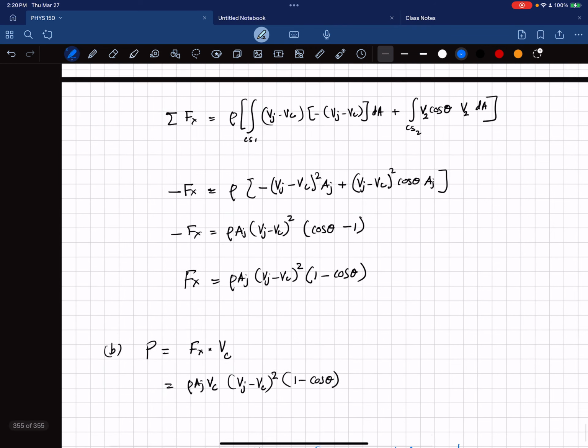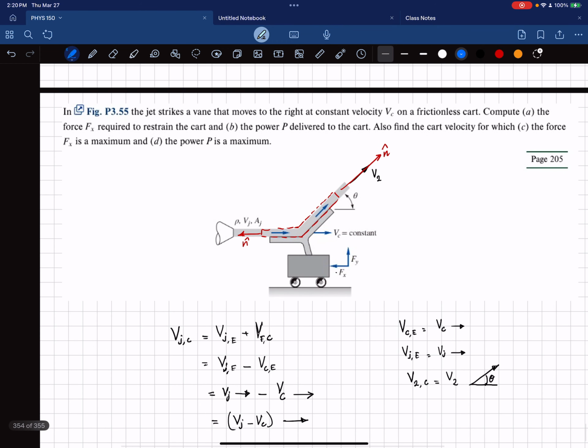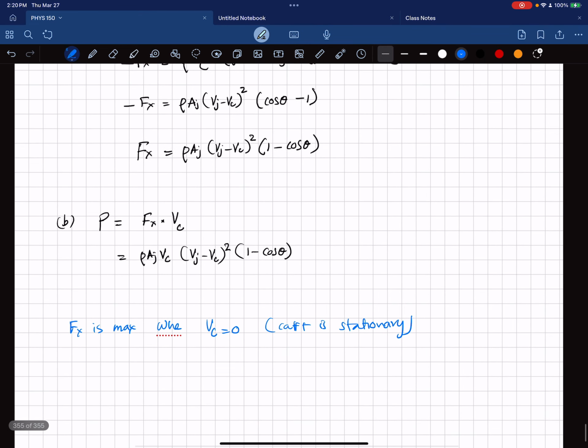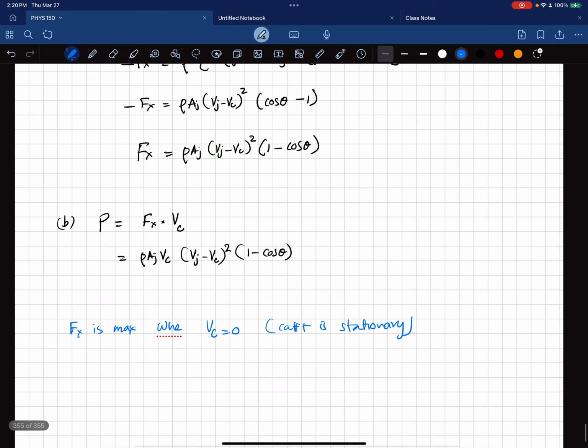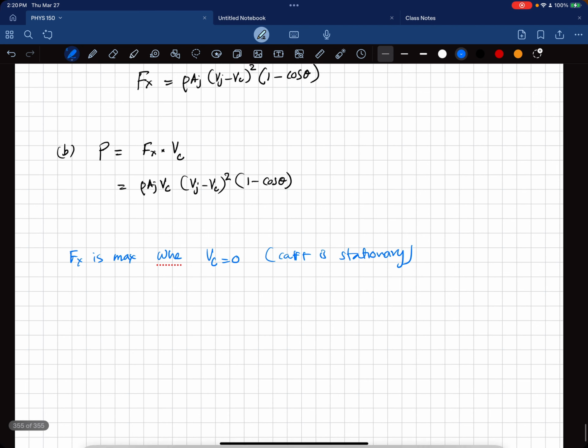And then the force Fx is maximum, but if Vc is 0, power is going to be 0. There's no power, right? So we need to find the value of the maximum power. Now we're going to find dP over dVc.